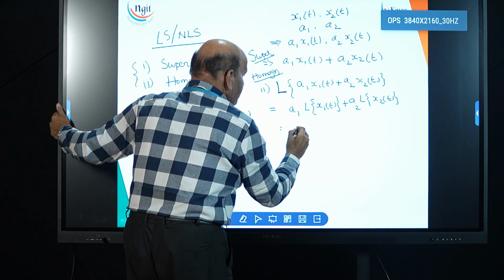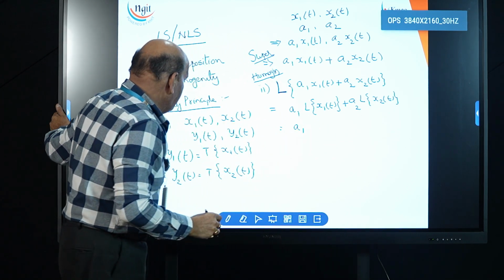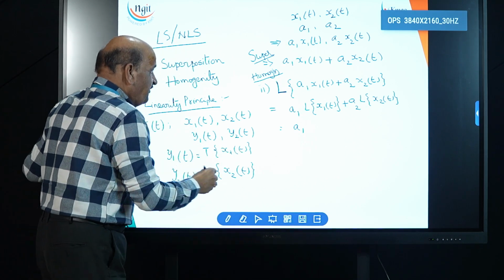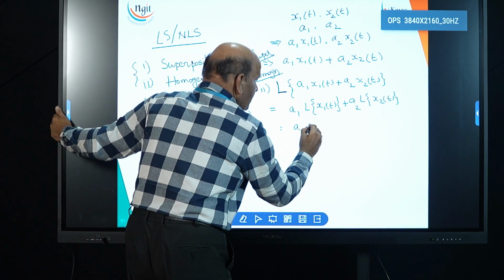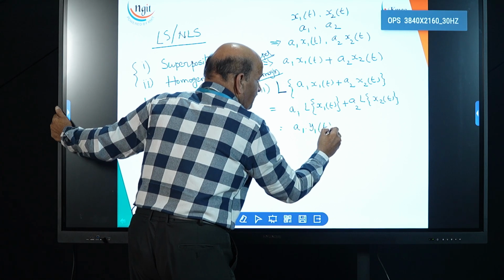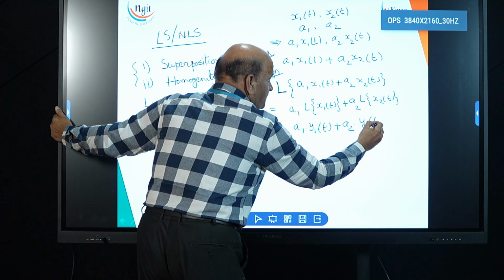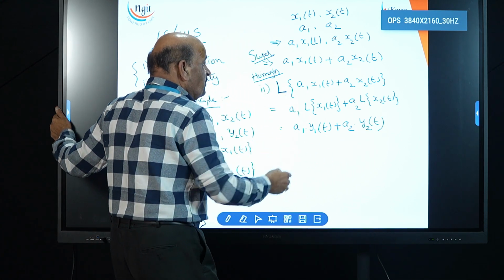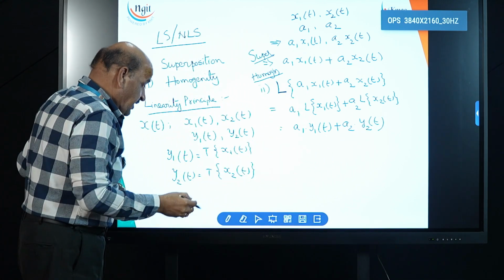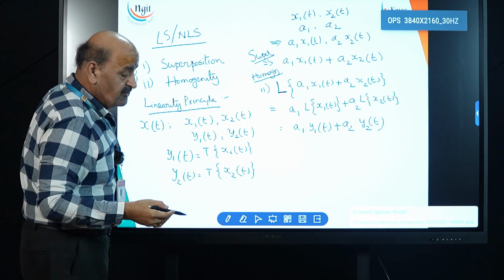That means what? What is L of x1 of t? y1 of t. That is equal to a1 y1 of t plus a2 y2 of t. Now this is the superposition principle, this is the linearity principle.